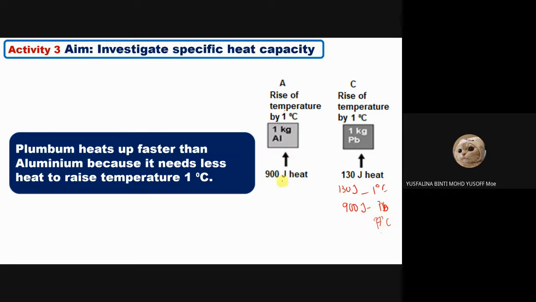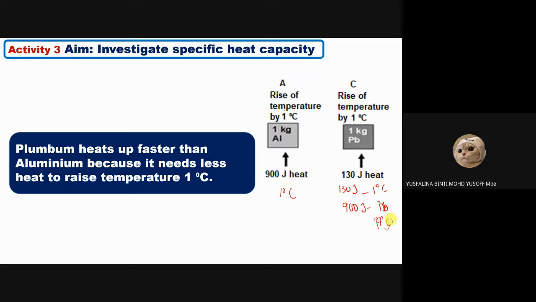But for aluminium, if you give 900 joule, it will be almost only 1 degree Celsius increase. If you give the same amount of heat to the plumbum, it will increase almost 7. Yes, 6.92.